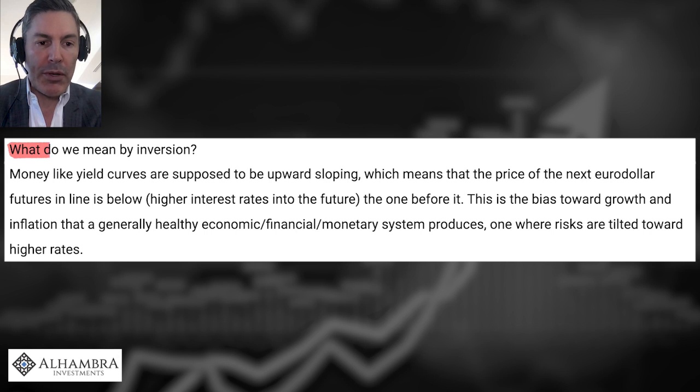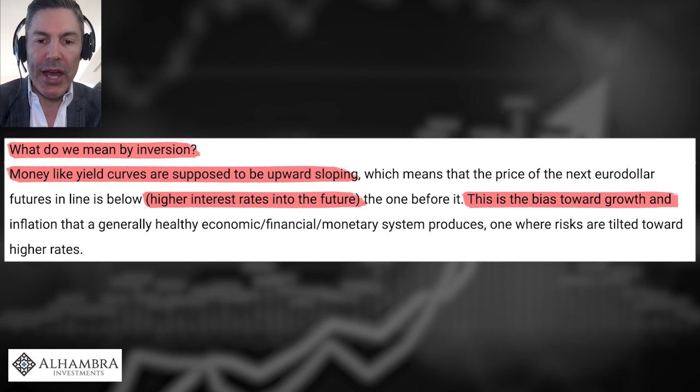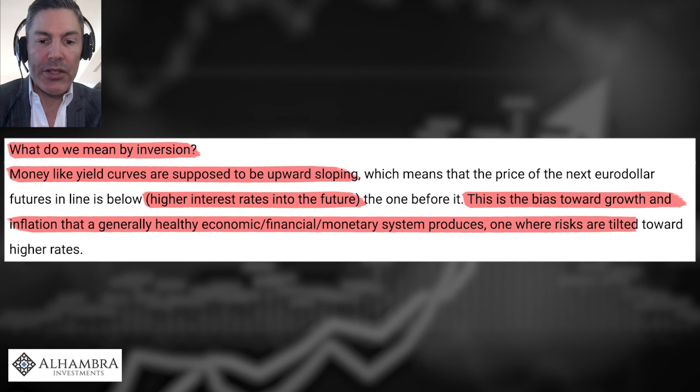So Jeff says, what do we mean by inversion? Money, like yield curves, are supposed to be upward sloping, higher interest rates into the future. This is the bias towards growth and inflation, economic growth to be clear, that a generally healthy economic, financial, monetary system produces, one where risks are tilted toward higher rates.